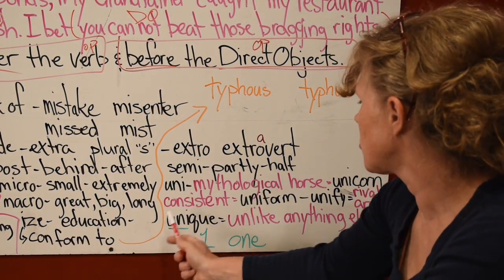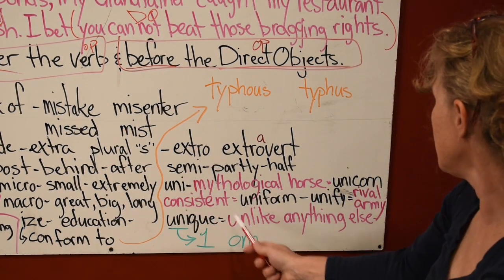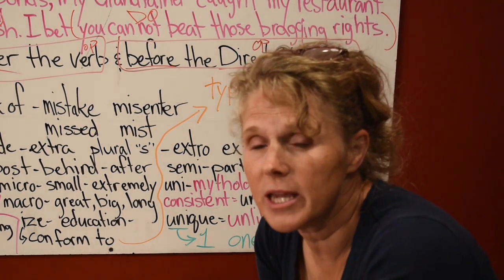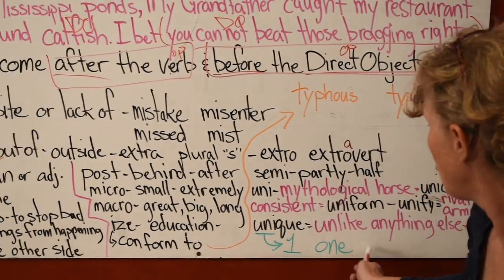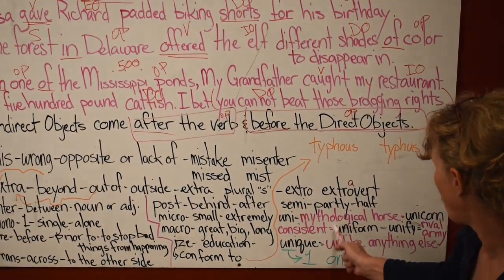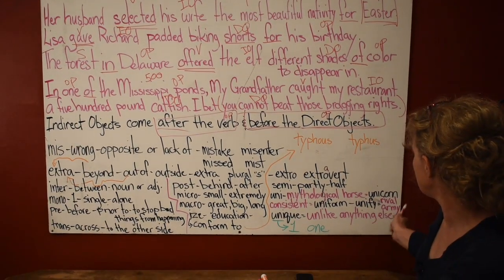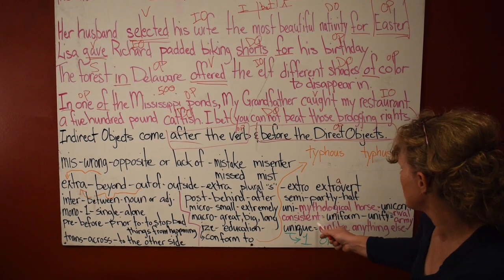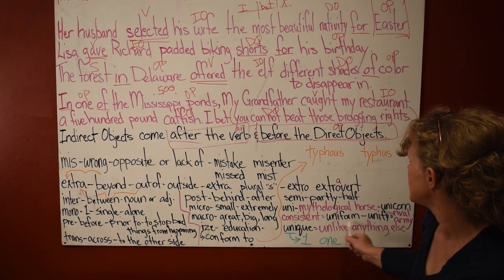And I love this word, unique. It's unlike anything else. Like Daniel is unique, Paul is unique. Each one of us is unique. We are one of a kind. Uni means one. See how we're going to unify into one horn, one uniform. We're being consistent. We're looking the same.